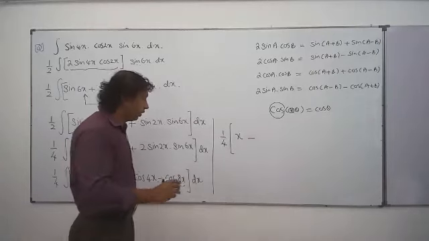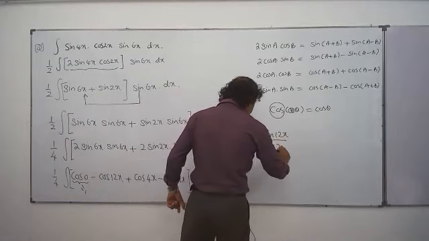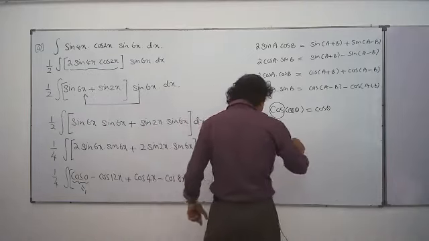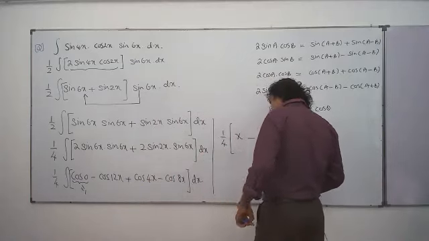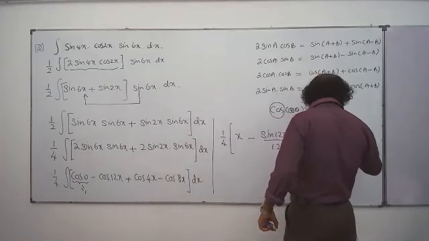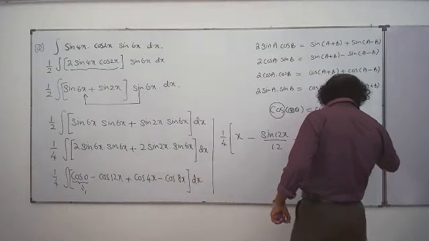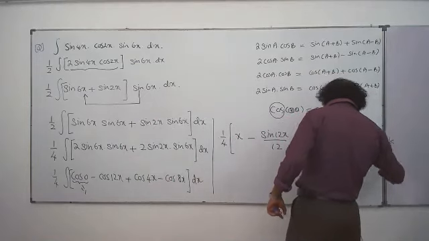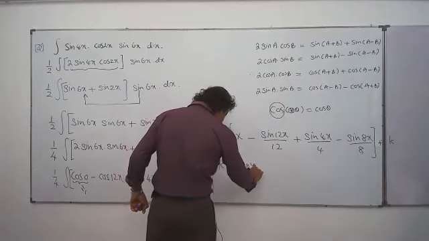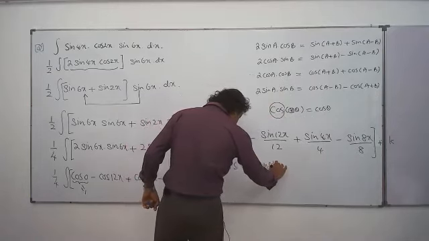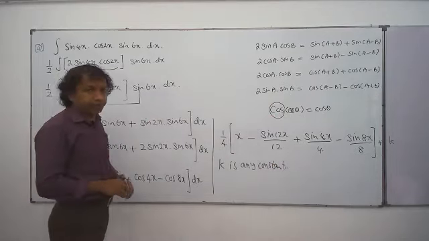Cos 12x, it is sine 12x by 12. Cos 4x, sine 4x by 4. Cos 8x, sine 8x by 8. Plus k. K is any constant. This way you can take this answer. Right?